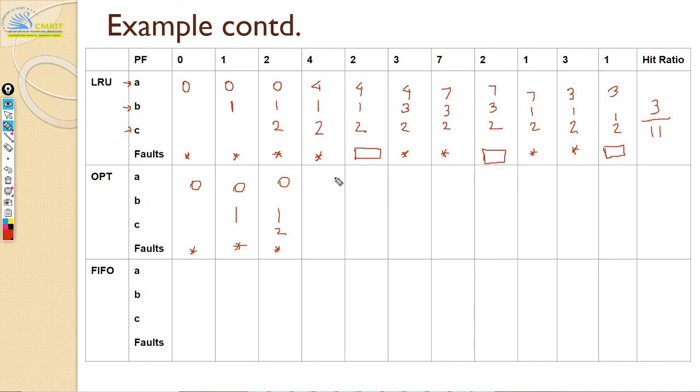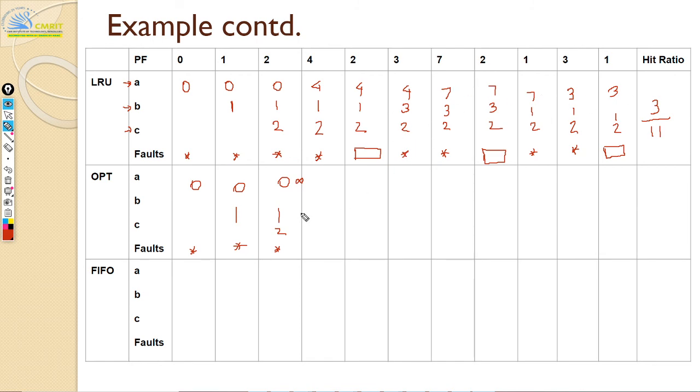After this, in this particular case you will look at the future. You'll actually see 4. So whom can you replace in the future? The forward distance of 0 is actually infinity, so you don't refer to 0 anywhere in the future.